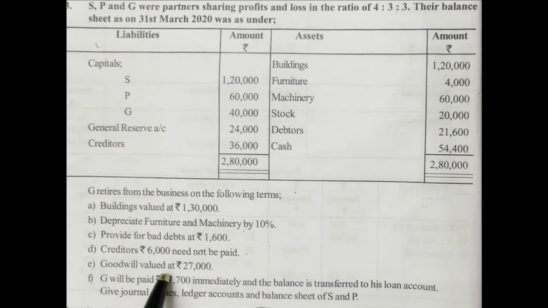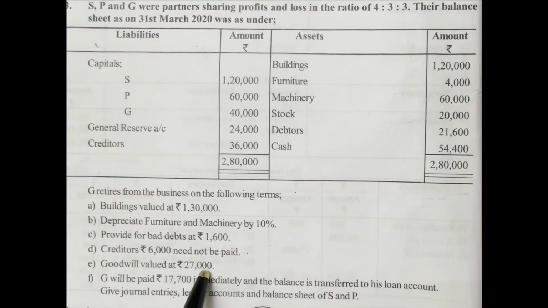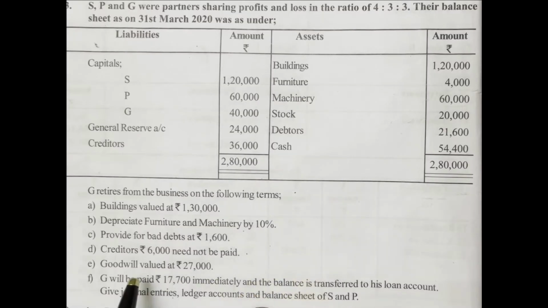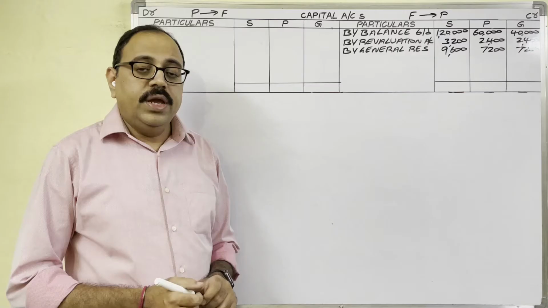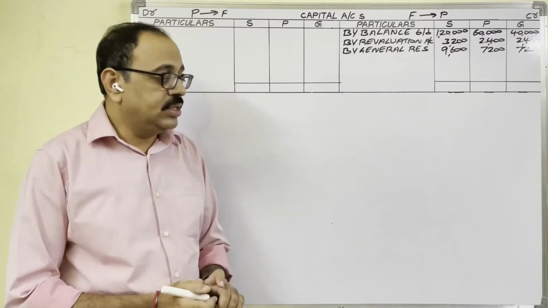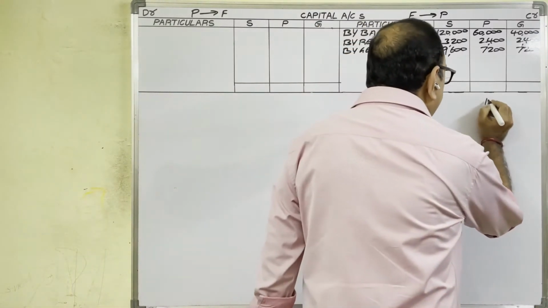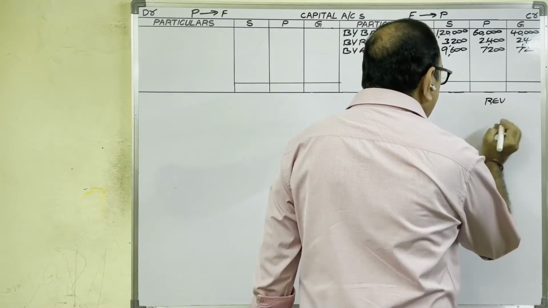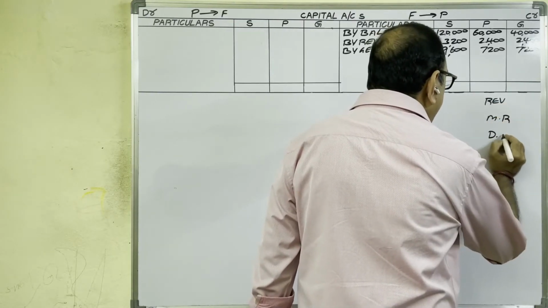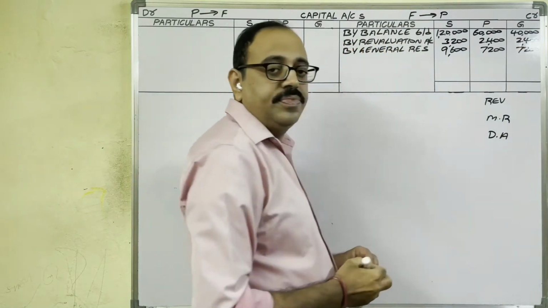Come to goodwill adjustment. Goodwill is valued at 27,000 rupees. In the old balance sheet, on the asset side, goodwill is not given. It is available only in adjustments. In case of retirement, to adjust goodwill, there are 3 methods: revaluation method, memorandum revaluation method, and direct adjustment.